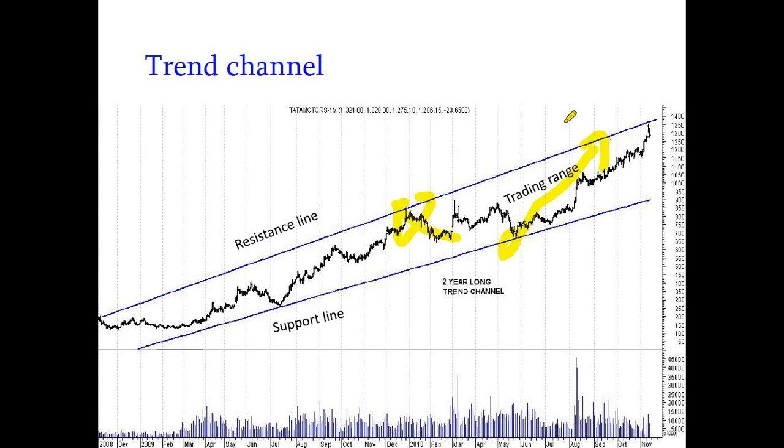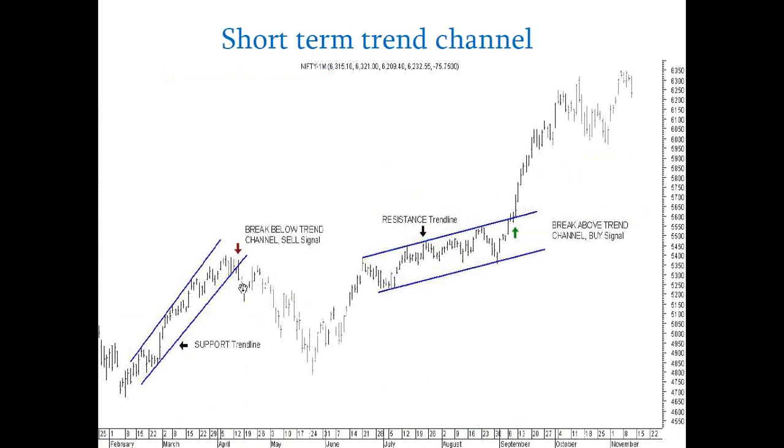This trend channel can be drawn in any share, any commodity or any currency for that matter. These are very, very short-term trend channels. As we have shown you some small trend lines, medium-term, long-term, short-term trend lines, these are short-term trend channels.